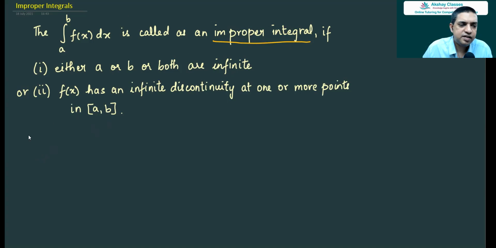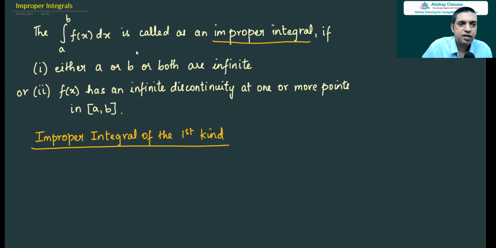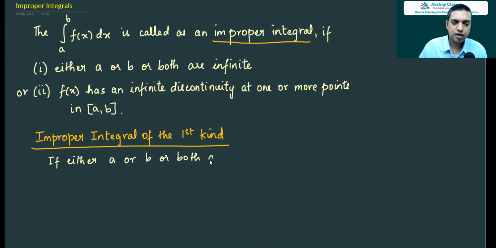So if it is due to the limits going to infinity, we call it the improper integral of the first kind. It's an improper integral of the first kind if either a or b or both are infinite.